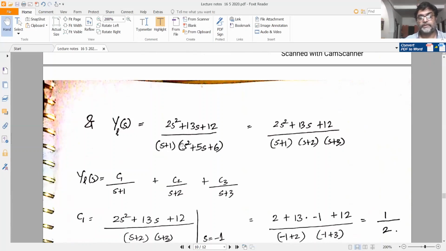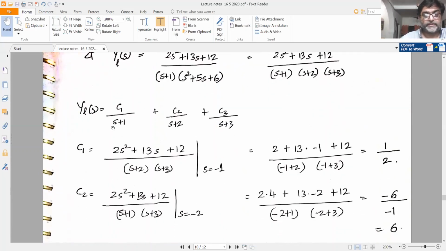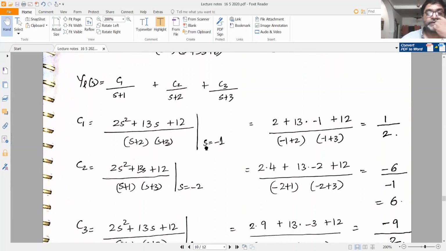Factorize the quadratic in the denominator as s plus 2 into s plus 3. So this becomes 2s squared plus 13s plus 12 by s plus 1 into s plus 2 into s plus 3, which we can partial fraction as follows: c1 by s plus 1 plus c2 by s plus 2 plus c3 by s plus 3. Evaluate c1, c2, c3 as follows.